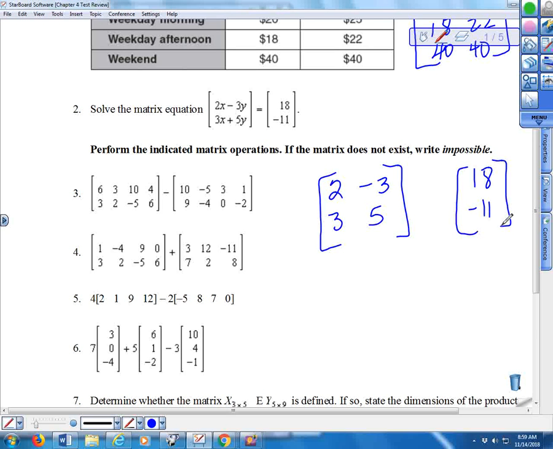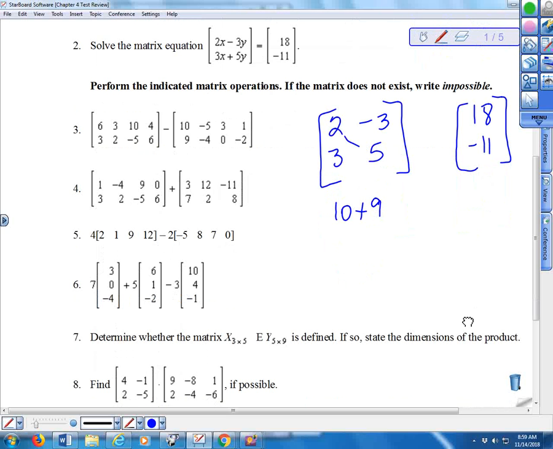Cramer's rule says you find the determinant of the coefficient matrix. Well, that's 10 minus a negative 9, so the same, it's 10 plus 9. Right? 10 minus negative 9. So I'm going to say that that is my denominator.